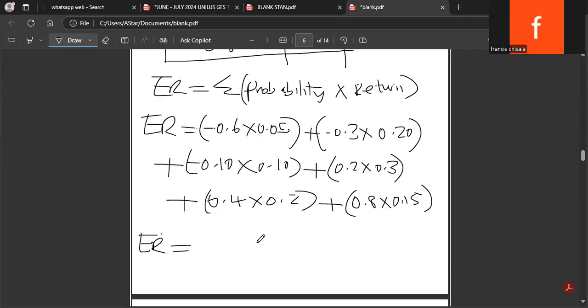I'm sure everyone else is making a computation, right?